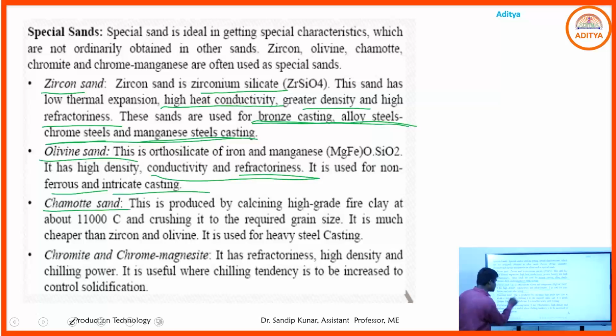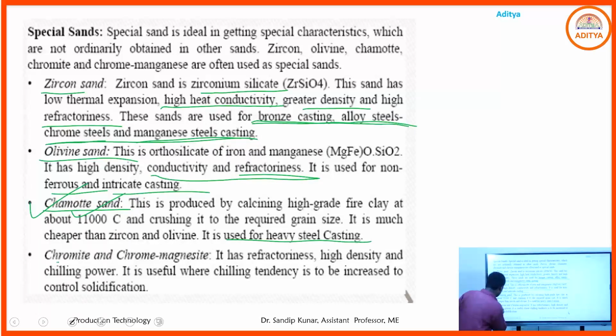Another is chamotte sand, which is produced by calcining high-grade fire clay at about 1,100 degrees centigrade and crushing it to the required grain size; it is specially prepared. It is used for heavy steel casting.